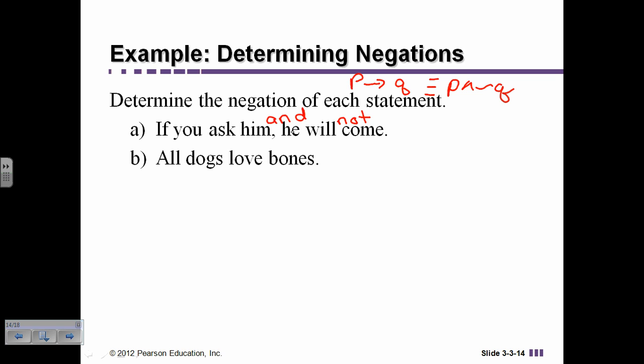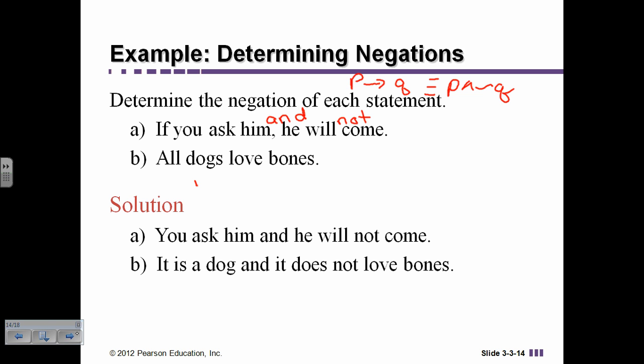So my statement will say something to the effect of, you ask him and he will not come. On the next statement, you have all dogs love bones. So basically you're saying if it's a dog, then it loves bones. The negation of that would be: it is a dog and it does not love bones.